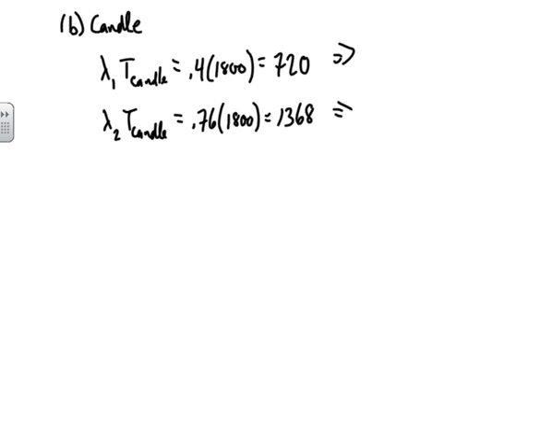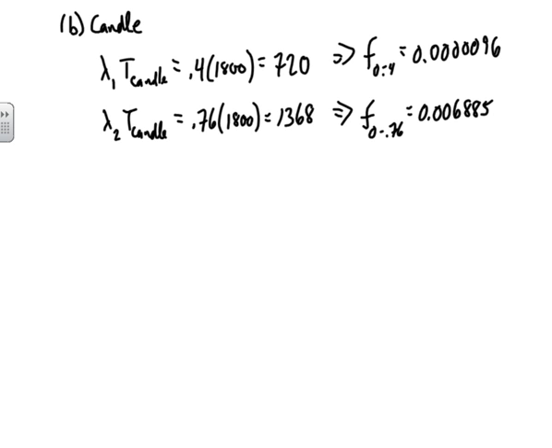Looking these up on the chart, we get F from 0 to 0.4 equal to 0.0000096, and F from 0 to 0.76 equal to 0.006885.